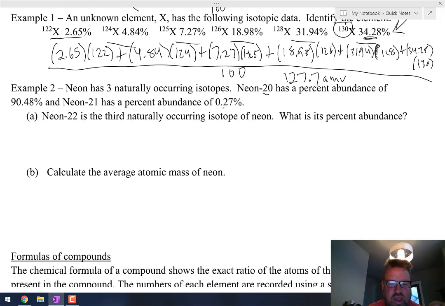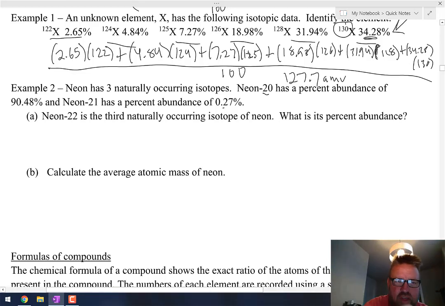And here's the key here, and one of your homework problems has a problem that's more challenging than this one about this. Okay, the key here is to know that if you don't know, in this case, there's 3 isotopes. Remember that the percentages have to add up to 100%. That's the key here.